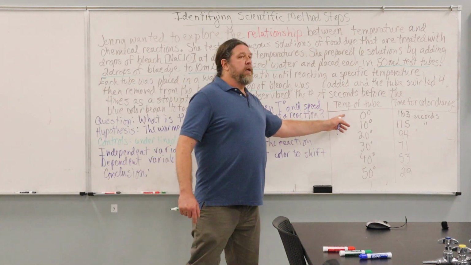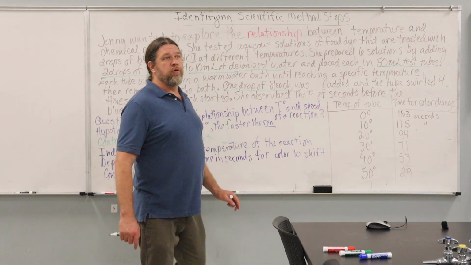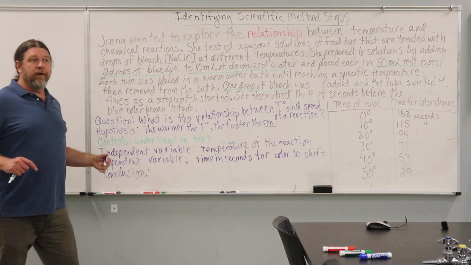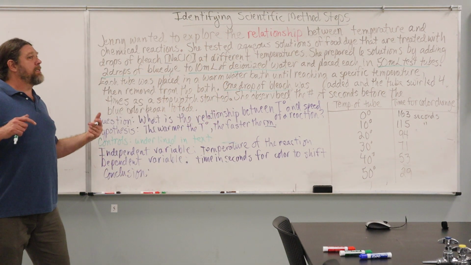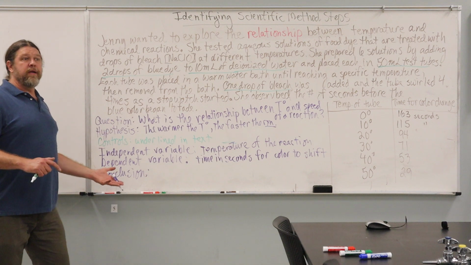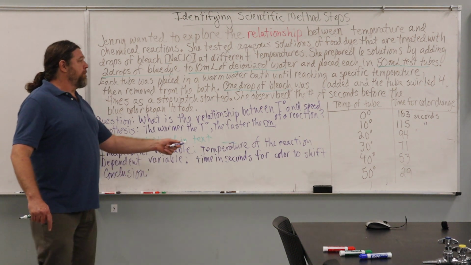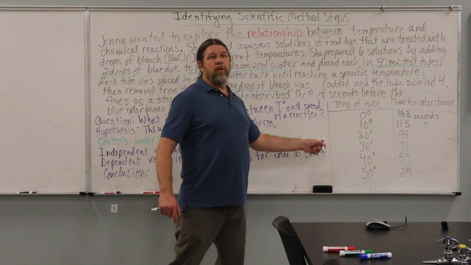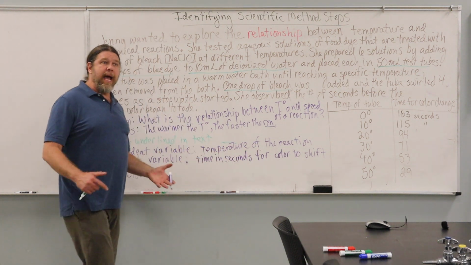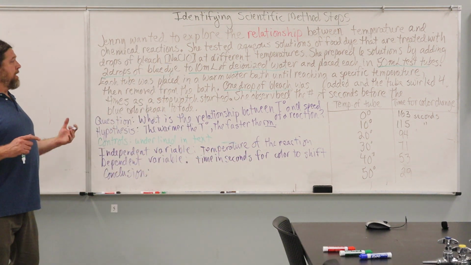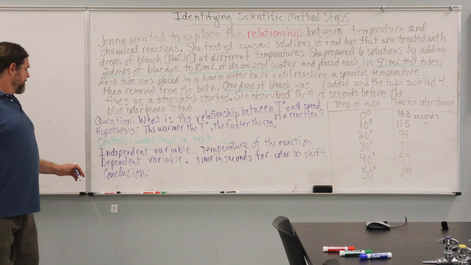That's what the data table is. Notice how in data tables and experiments, normally the headers of columns in a data table contain the independent and dependent variable. If I had done this as a line graph, they would be the x and y axis. It doesn't matter.